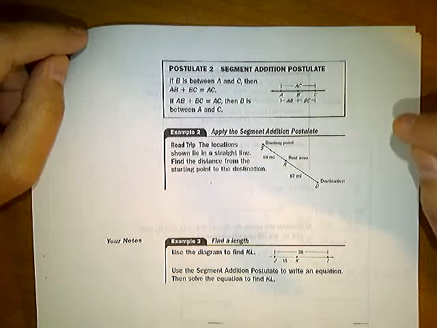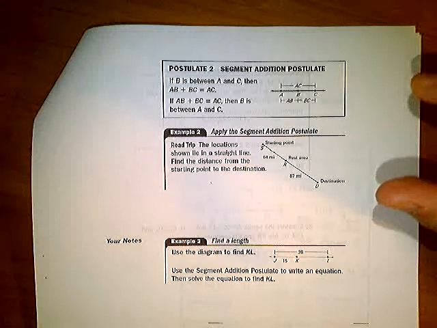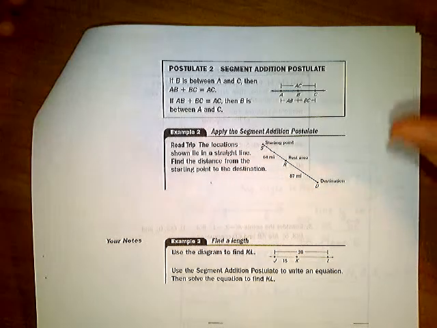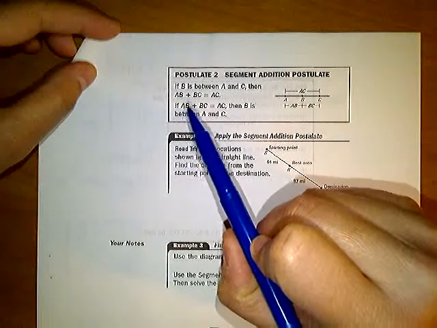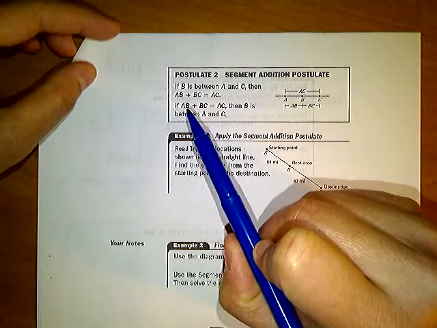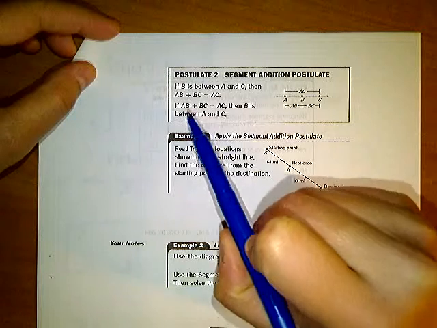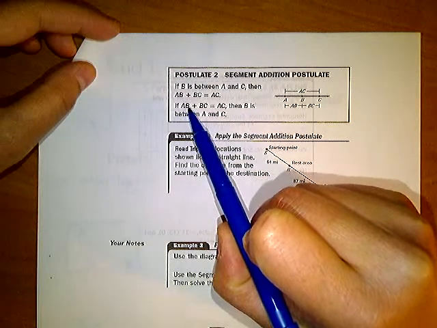Now, I want to state that this is something that you'll be tested or quizzed on: the way that we wrote these distances is very specific. You see how we wrote AB, and that's it?